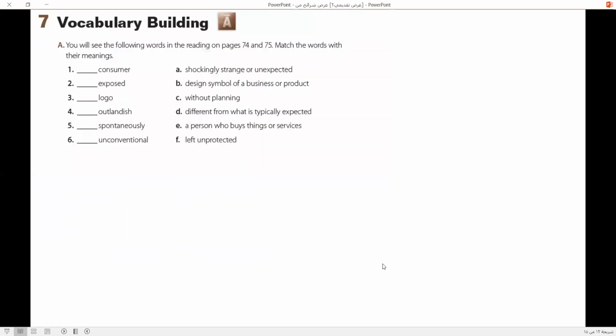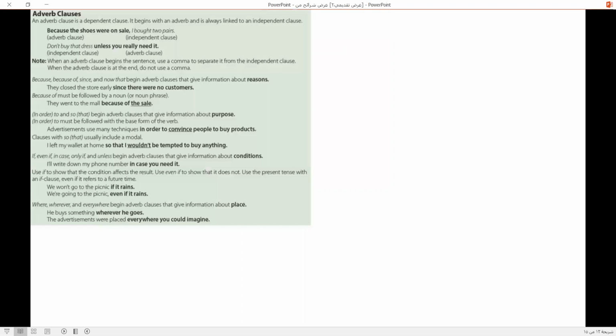And also here we have the vocabulary, as I told you, the way it's going to be in the exam. Then we have the grammar of unit 5, which is the adverb clauses. Of course, don't let the shape scare you. It just has many examples, but it's a very easy rule.